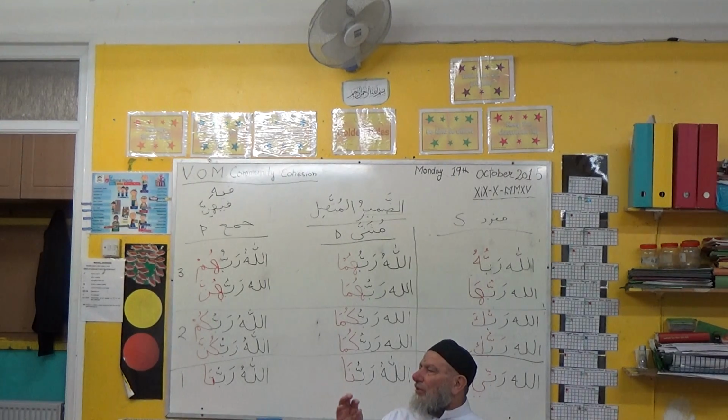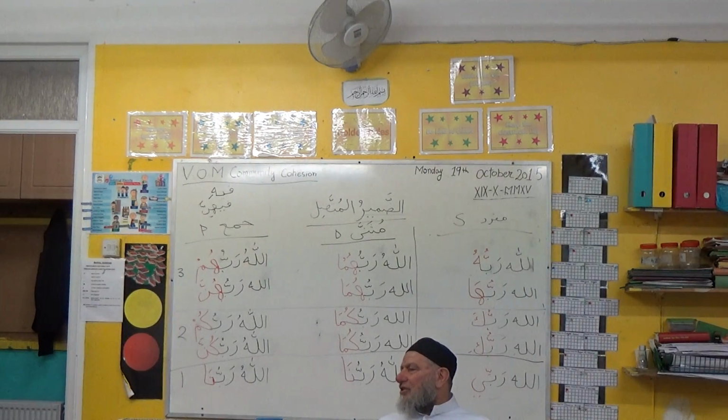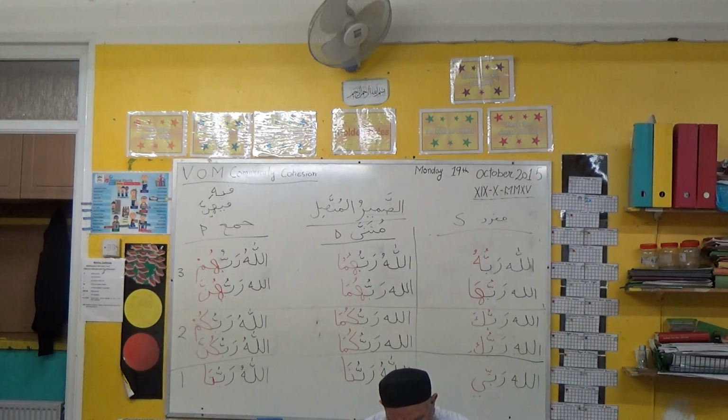So they put noon at the end to make it ja'alani, made me. They found that ja'ali doesn't sound right, so they put this noon, noon al-waqaya, which I'll explain when we come to the verbs, inshallah.